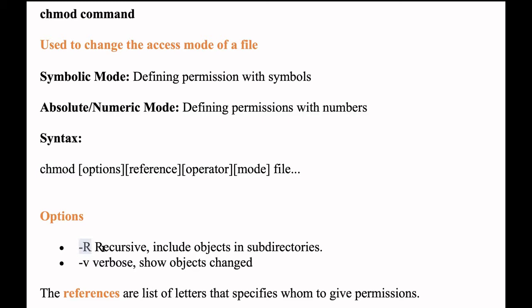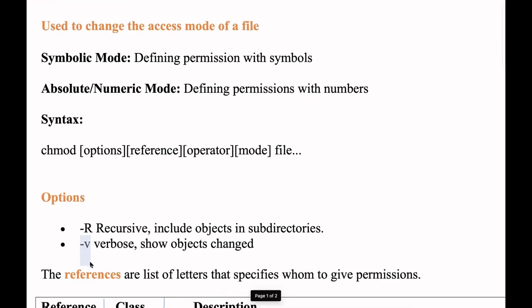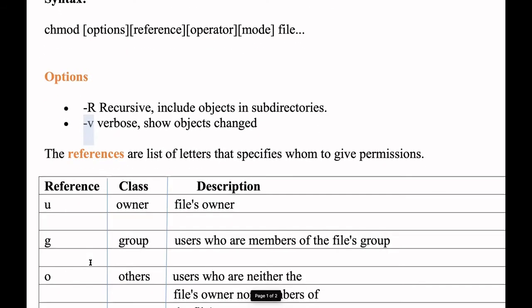That is, when I use this r option, it also includes all the files and all the subdirectories in a directory. And there is another option called -v, that's a verbose option, which will show which objects have changed their permission.